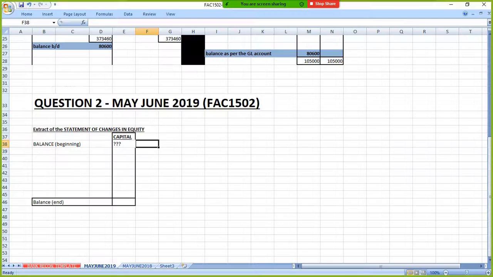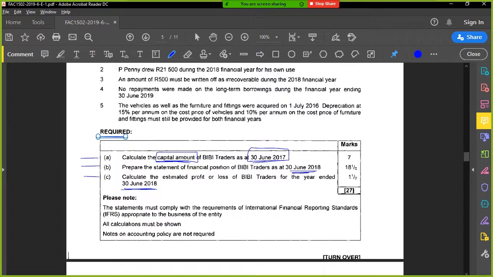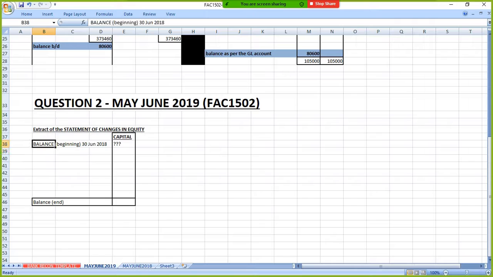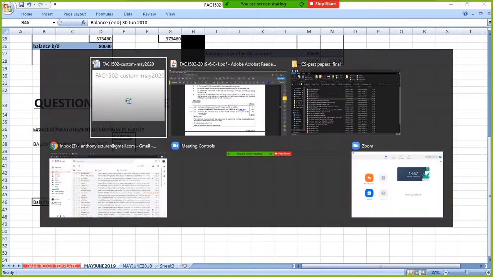Let's write the dates in. 2018, right? No, 17. This one was 17, and this one's 18. Read the dates. Dates are very important because you need to know where you are in terms of time. Last year or this year? That's last year. This is this year.